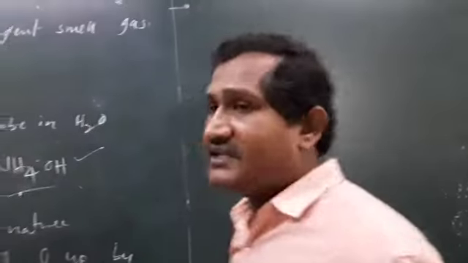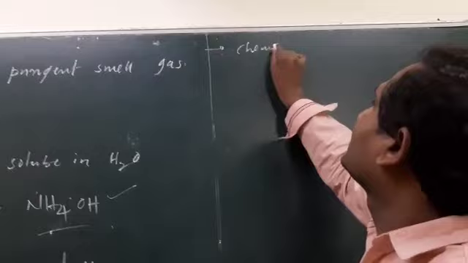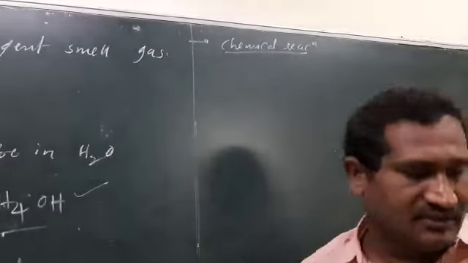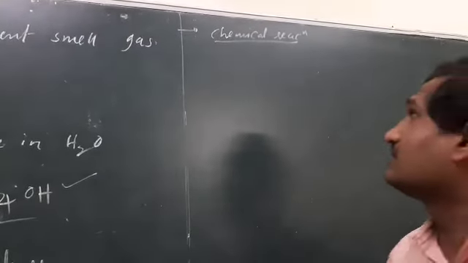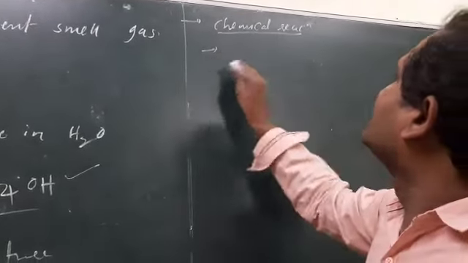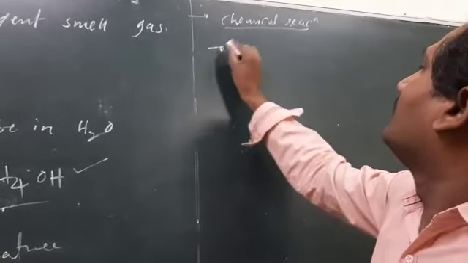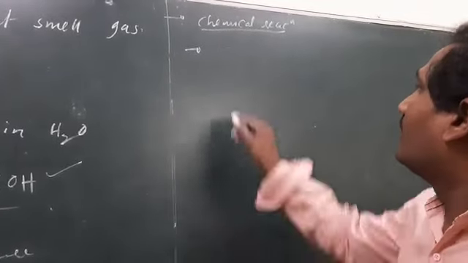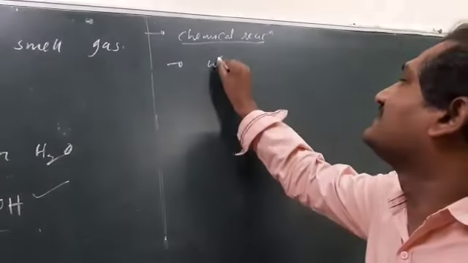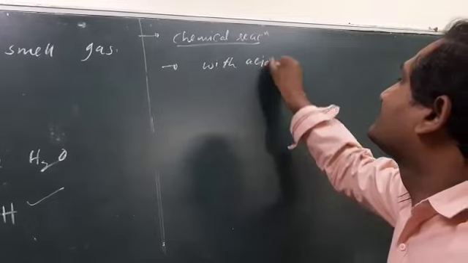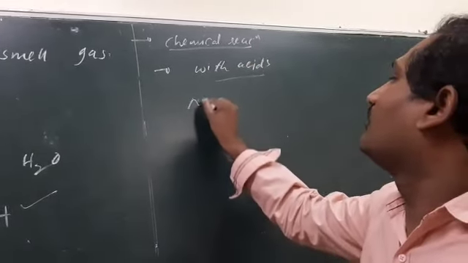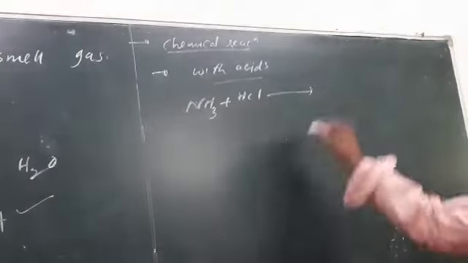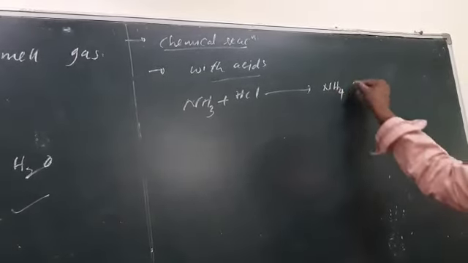Some chemical reactions of ammonia. When ammonia reacts with acids, for example HCl, it forms the salt ammonium chloride.